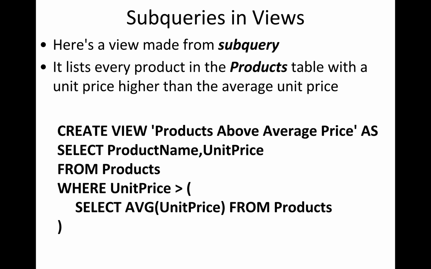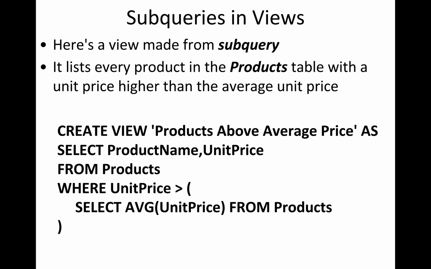Here's another one. We're creating another view, products above average price. So here we're selecting the fields product name and unit price from products, where, notice that we're aggregating the product table.